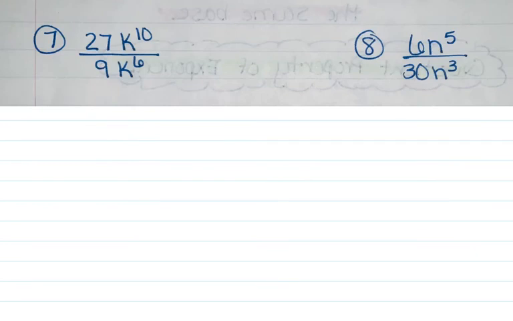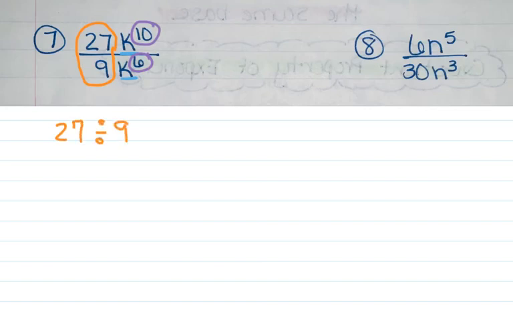Okay, so here I have coefficients without exponents. So my coefficients, we need to divide. And then I need to take my bases and subtract those exponents. So if I were to write that out, I would have 27 divided by 9.